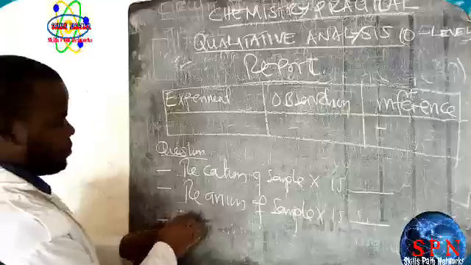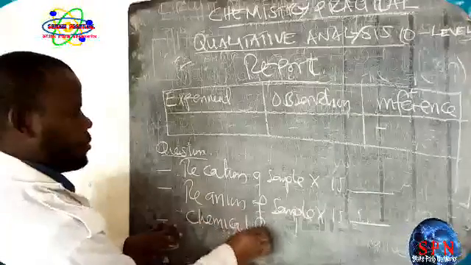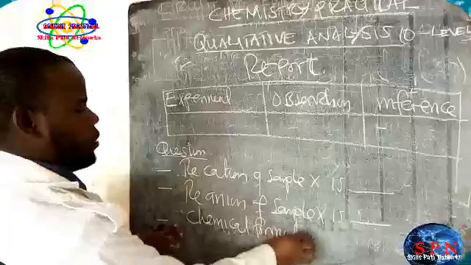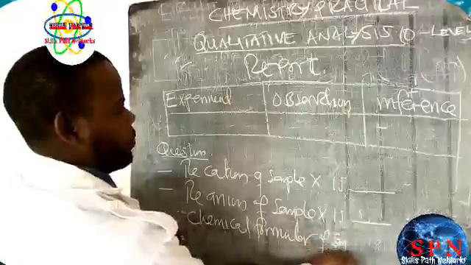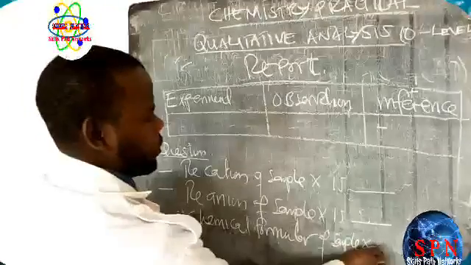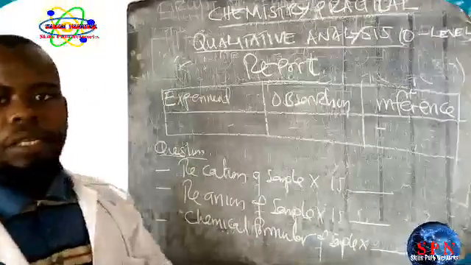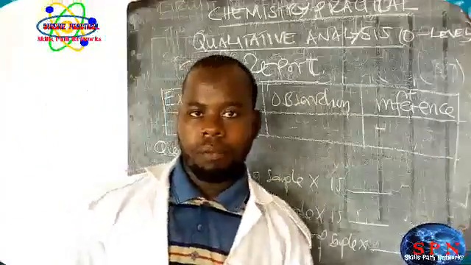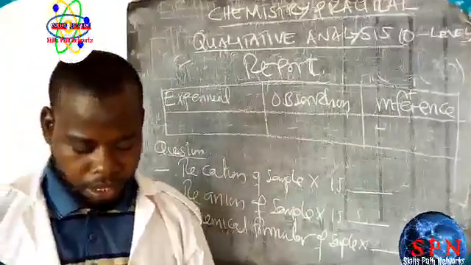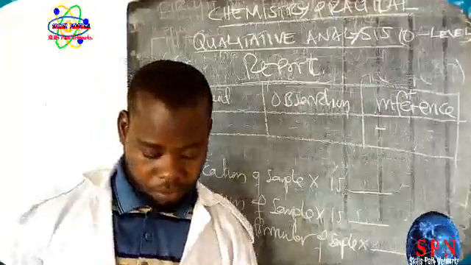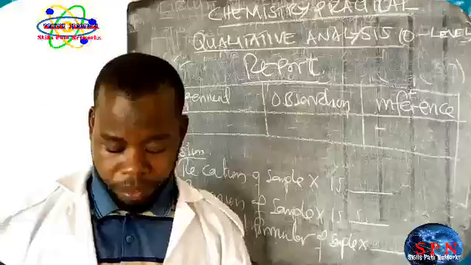There is the chemical formula of sample X, then you write. And there are many questions: chemical name, the properties of the sample or compounds, the uses of the compounds, and whatever other questions.